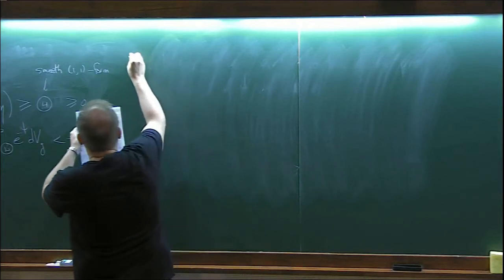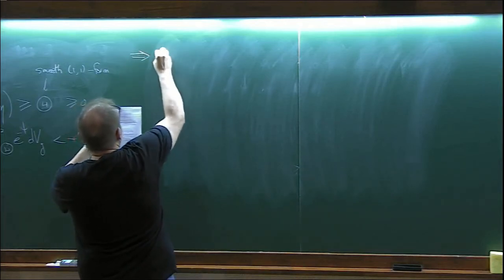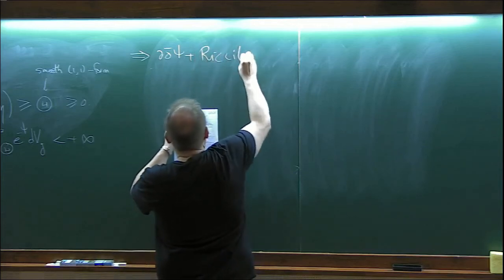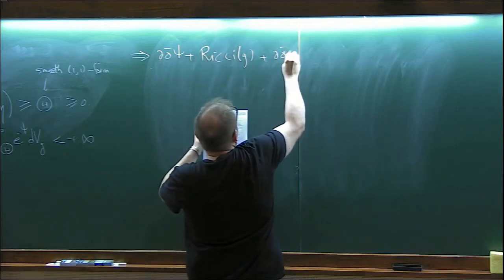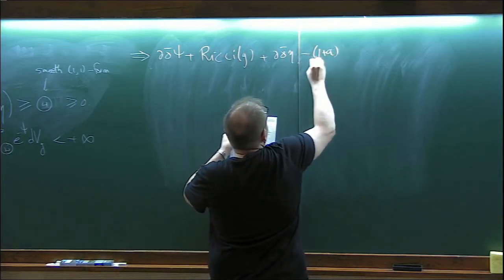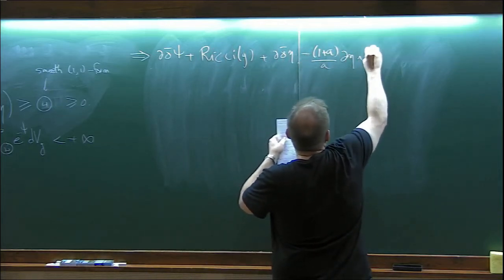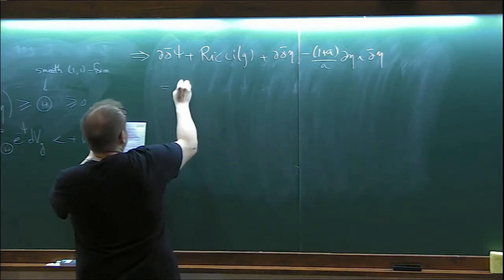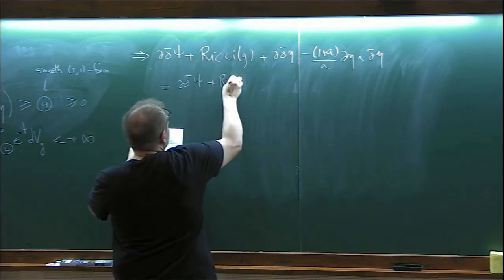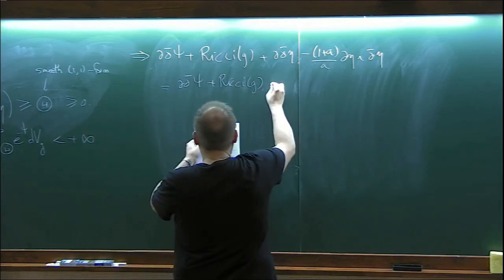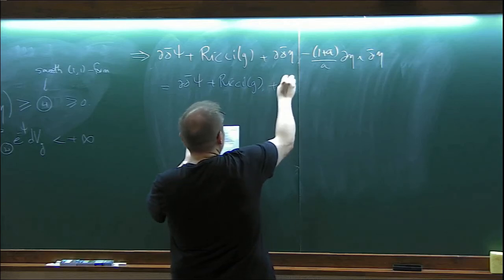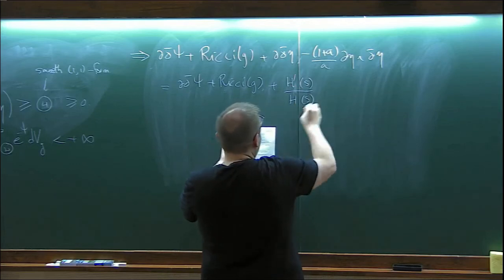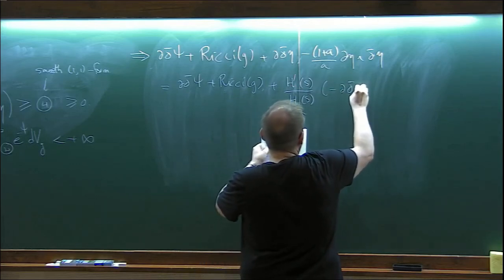Then this calculation implies that dd bar psi plus the Ricci of G plus dd bar eta minus 1 plus a over a d eta, d bar eta, is equal to dd bar c plus Ricci of G plus h prime of s over h of s negative dd bar of s.